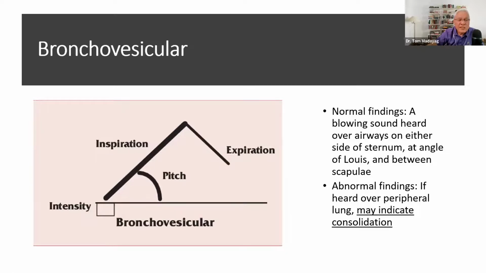Similar to bronchial breath sounds, they would be abnormal if you hear them in areas where vesicular breath sounds are supposed to be. They differ from bronchial breath sounds in the sense that they do not have a gap in between. When you hear a gap in between, that's a bronchial breath sound. When there is no gap in between, then this is what is known as a bronchovesicular breath sound.